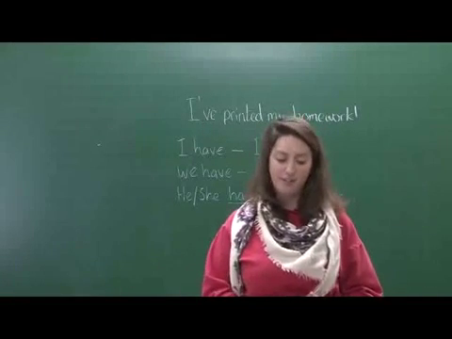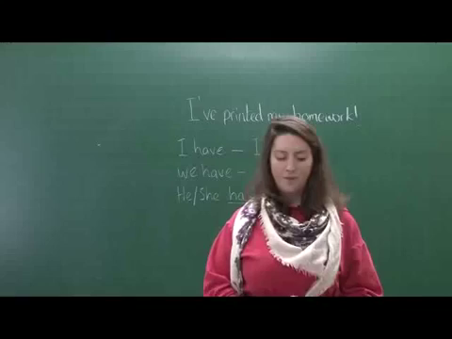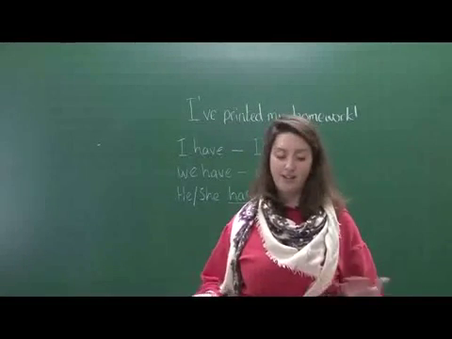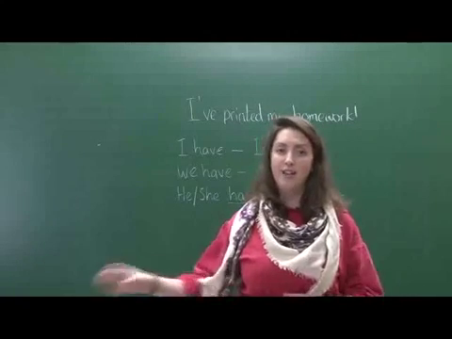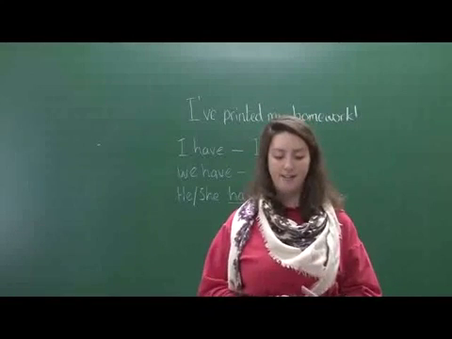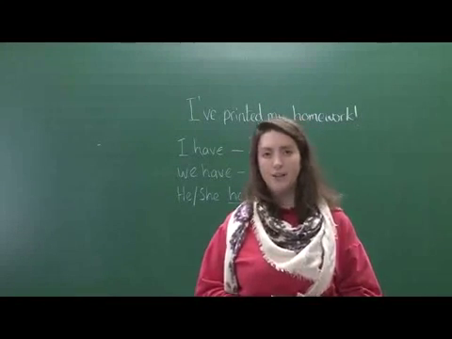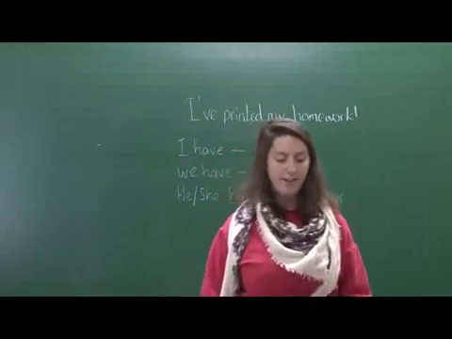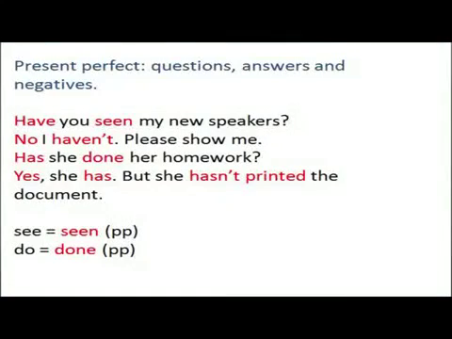No, I haven't. For positive answers, the same thing. Yes, subject, has or have. Yes, she has. Okay, so very simple there. And just a reminder, see in its past form is seen. It's irregular. And do in its past form is done. Again, irregular.